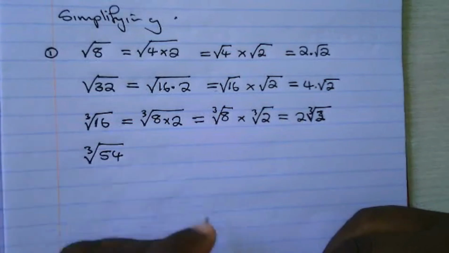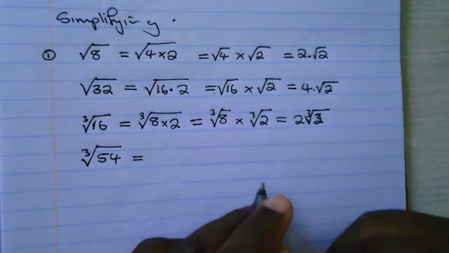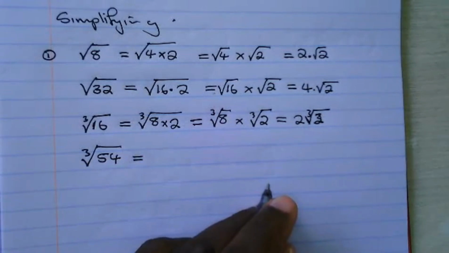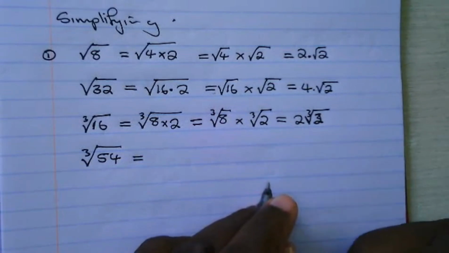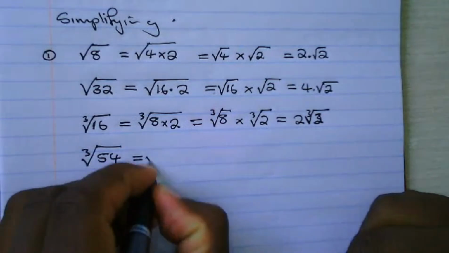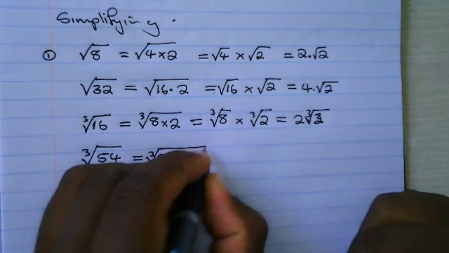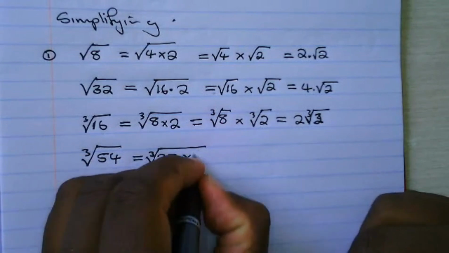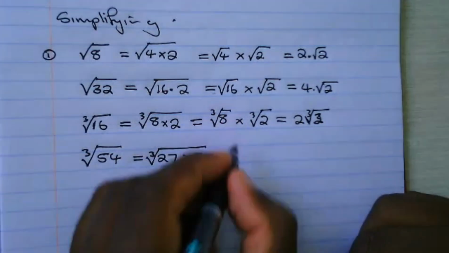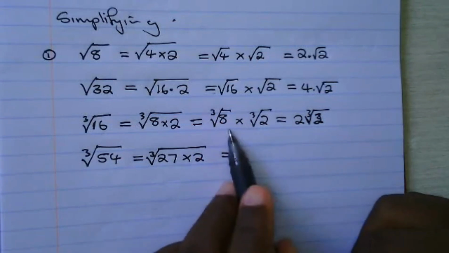Cube root of 54. In 54, one of the factors is a perfect cube, that is 27. So we have cube root of 27 multiplied by 2, and this step you can skip.